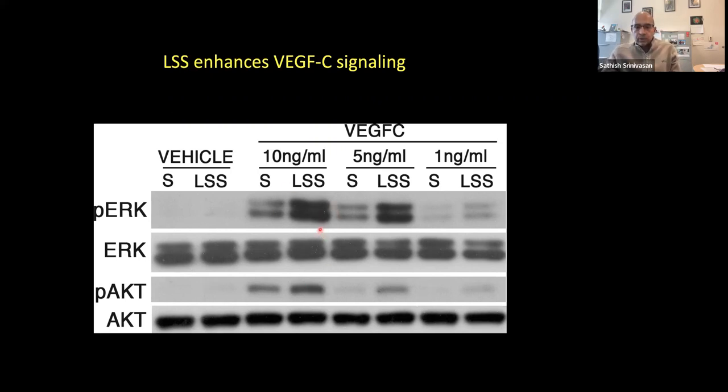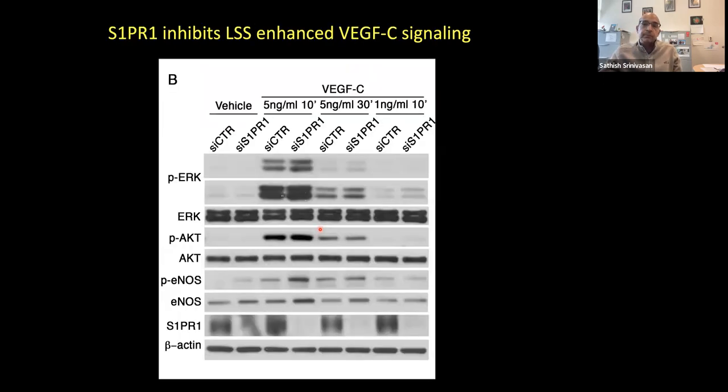So the first point is that in the presence of laminar shear, VEGF-C is able to activate ERK and AKT very potently. Then we repeated the experiment, now with S1PR1 knockdown. All the cells were grown in the presence of laminar shear, and then we downregulated S1PR1.